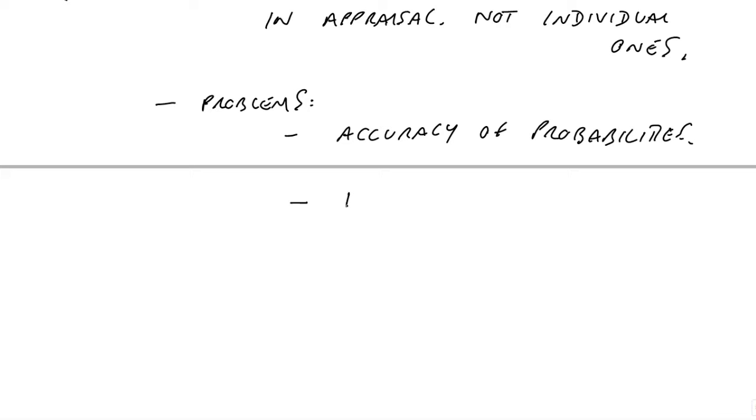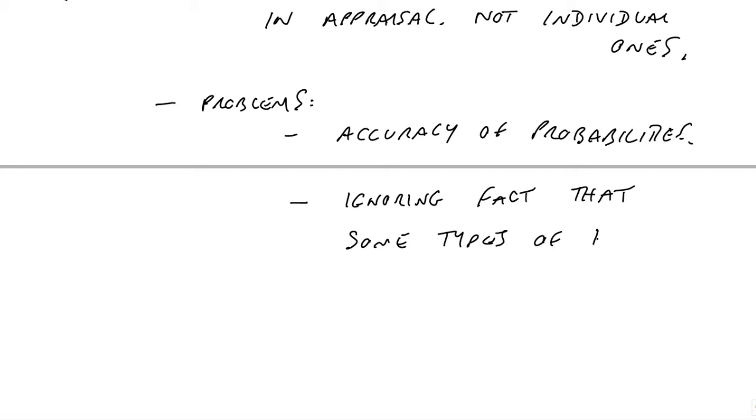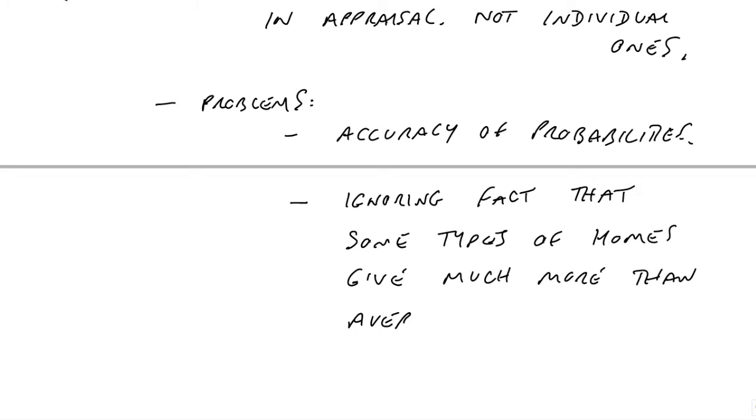And so it's ignoring the fact that, as I refer to in the question, some types of these homes give much more than average. Others give less.